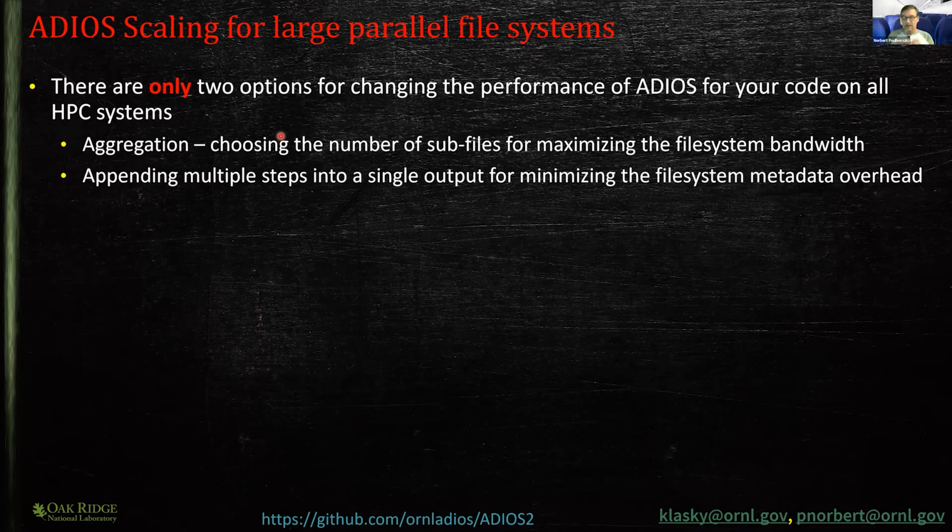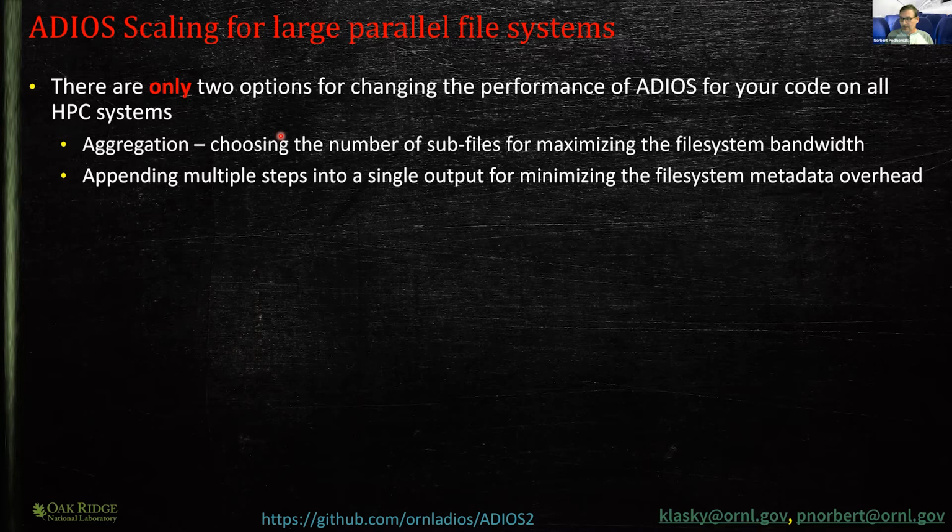One is that ADIOS is not writing a single file. When you have 1,000 compute nodes and many processes on each node, you have thousands, tens of thousands of writers. Writing to a single file is not a good idea, because it's just not going to work well.